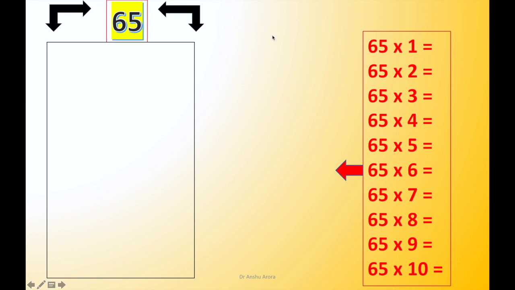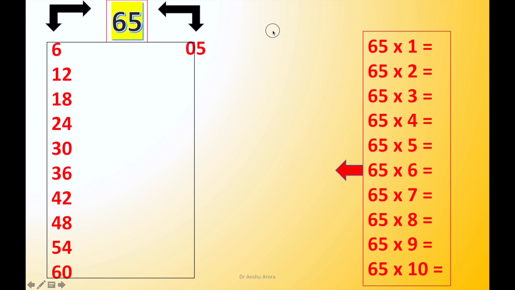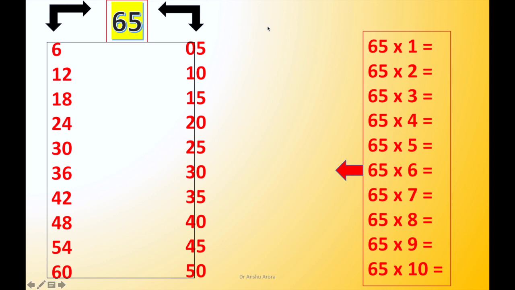Looking at another example, the table of 65. Again, I think even without my telling you, you know to write the table of 6 and the table of 5. That is the first step. Because 5 is in the units place, 5 will be just picked up from here and that will be the unit place of the final answer.